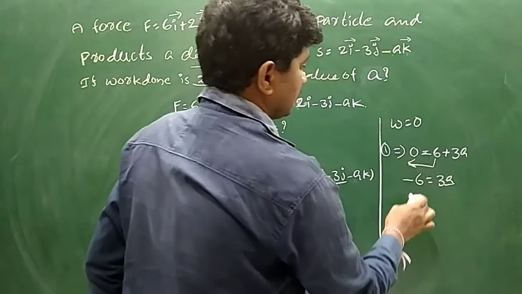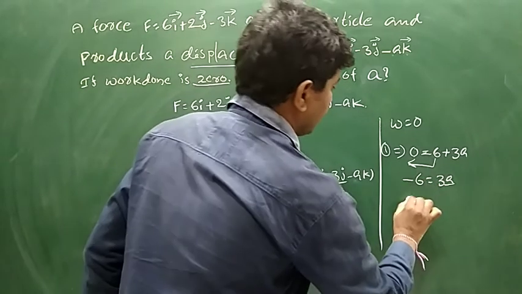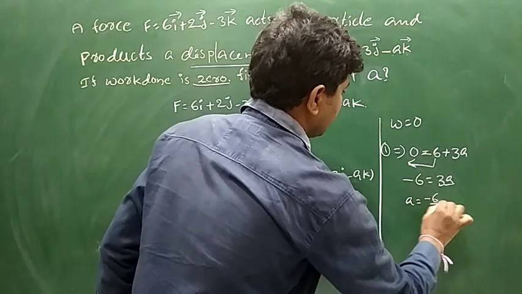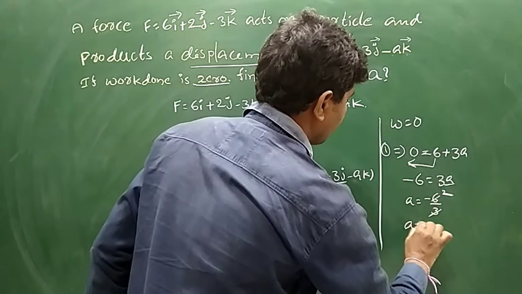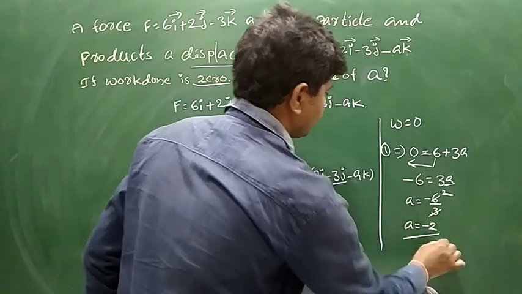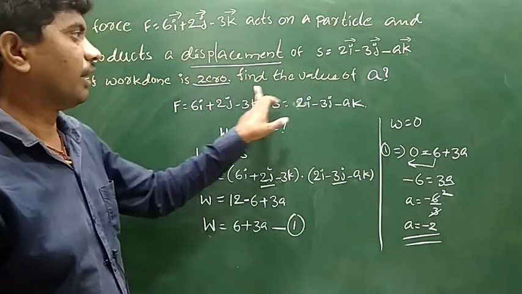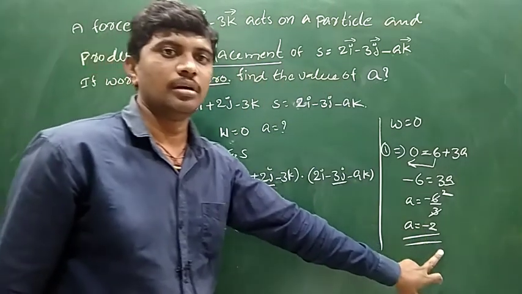The multiplication transposes to the other side as division, so a is equal to minus 6 by 3. 3 1 is 3, 3 2 is 6. Final answer: a is equal to minus 2. This is the answer. Find the value of a: a equal to minus 2.